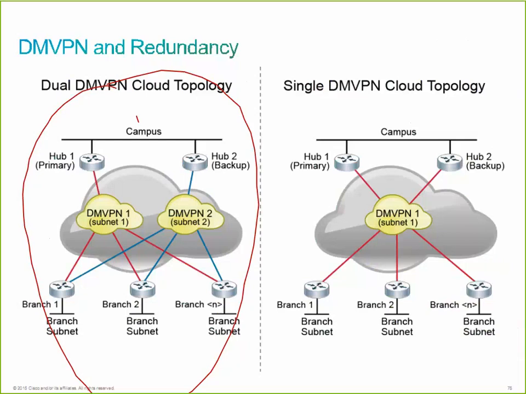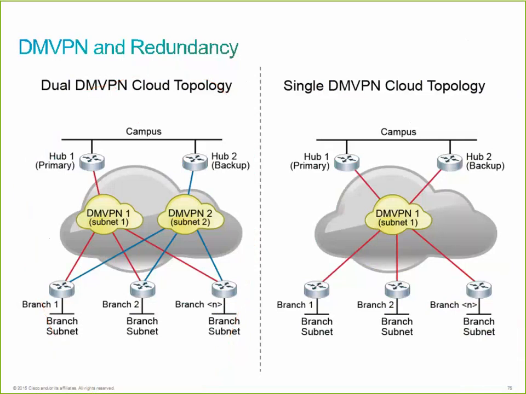Basically just two separate DMVPN configurations. It doubles the configuration that you have on the spokes, but the hub routers are pretty simple configurations. And then you just use a dynamic routing protocol or static routing or whatever it is to decide which DMVPN device you're going to communicate with, as a primary and secondary.